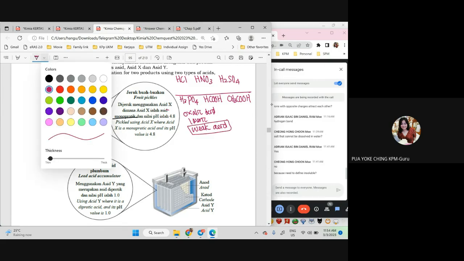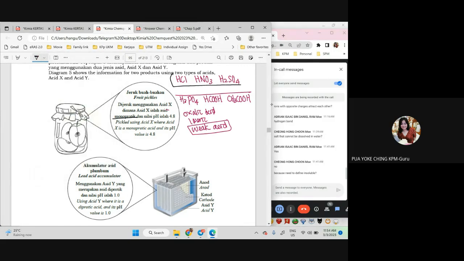You need to remember strong acid yang kamu belajar dalam SPM syllabus, there's only 3, which is HCl, HNO3, and H2SO4. Ini ialah strong acid. Bawah tu semua ialah weak acid walaupun H3PO4.